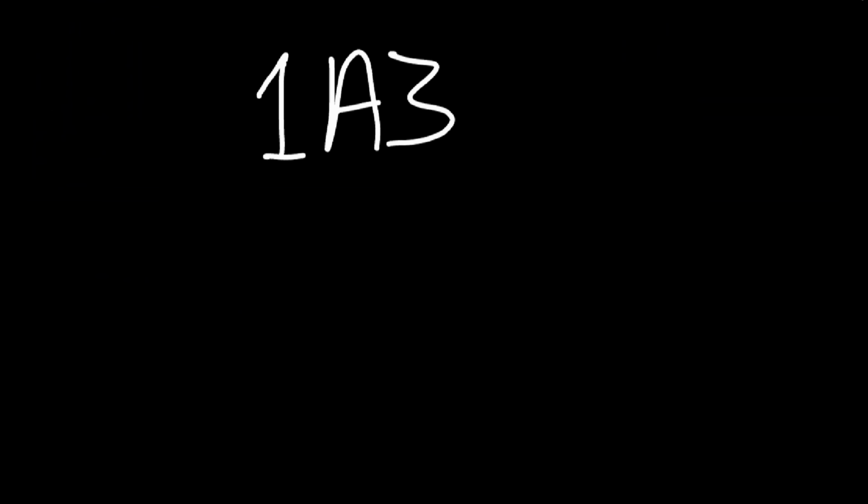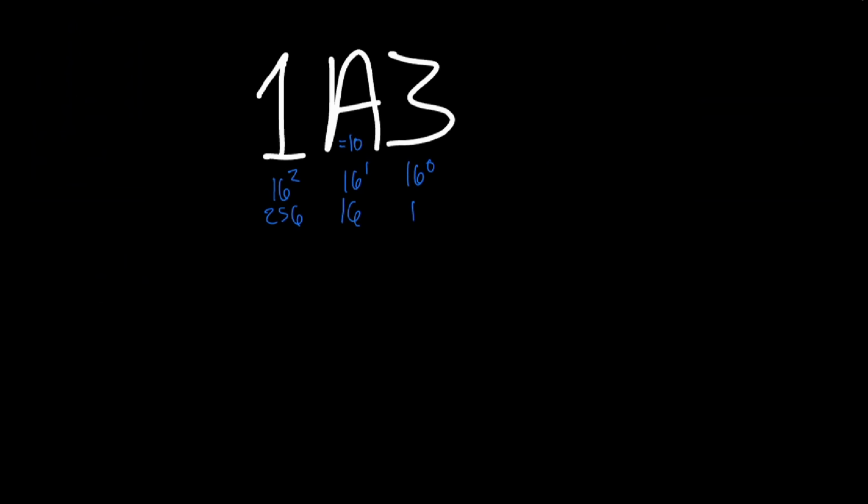Looking at another example, 1A3 means we have a 1 in the 16 to the second power place, or 256. Then we have an A in the 16 to the 1 power place, or 16, and we know that A is equal to 10, because once we get past 9, A is the first one that we start with. And then we have a 3 in the 16 to the 0 power place, or just 1.